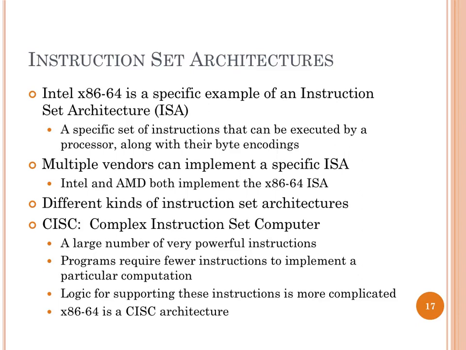The reason why CISC exists is because back in the day, people had to write programs in assembly code. Compilers weren't very good, or they didn't exist yet. And so having complex instructions that could do a lot in one instruction made it easier to write programs in fewer steps. The only problem is that if I have a lot of complex instructions, then I need more bytes to encode them. So then each instruction takes more bytes and my programs get large. But x86-64 is certainly an example of a CISC architecture.